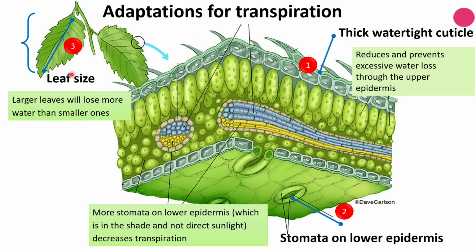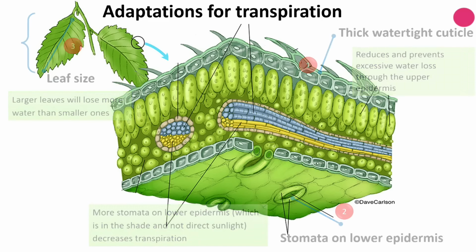So if the leaf is larger, then it should have more stomata compared to a smaller leaf. So larger leaves will therefore lose a little bit more water compared to smaller leaves. So these are 3 ways, and we'll look at 3 more, in which the leaf can be adapted for transpiration.